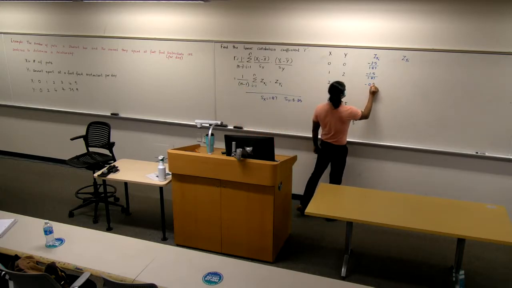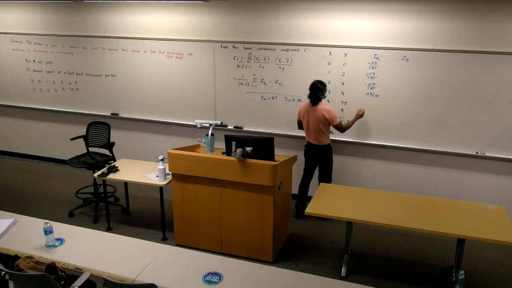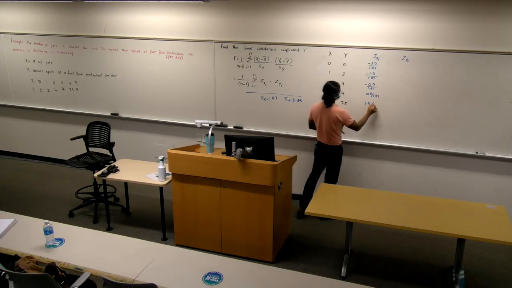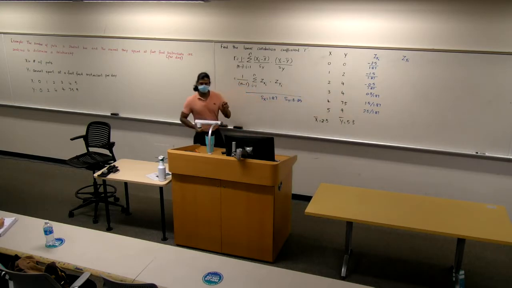Negative 0.5 over 1.87. The next one would be 0.5 over 1.87. 1.5 over 1.87. 2.5 over 1.87. I'm just plugging it in the formula, each observation minus the mean divided by the standard deviation.